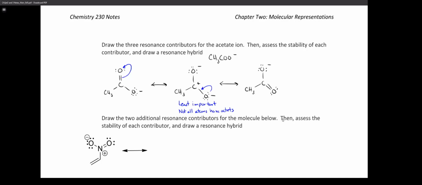So I would say these two are equivalent and they are by far the most important. All right, so that gives you some good ideas as far as that goes.